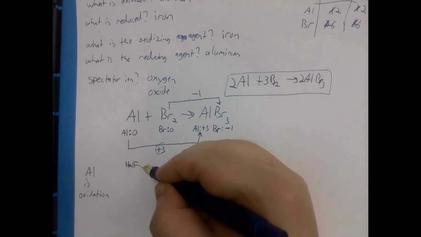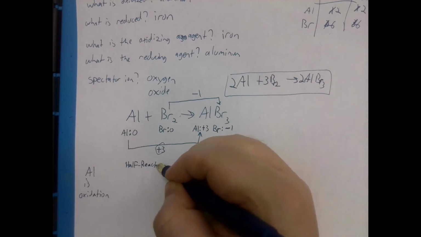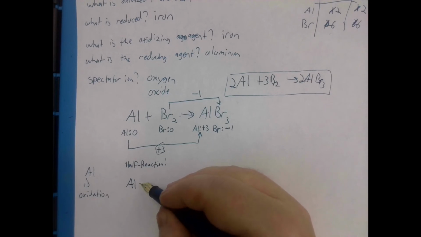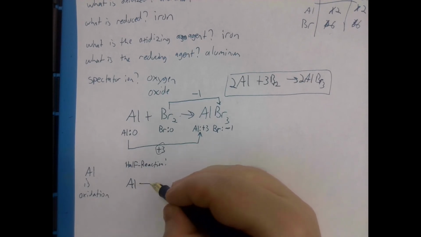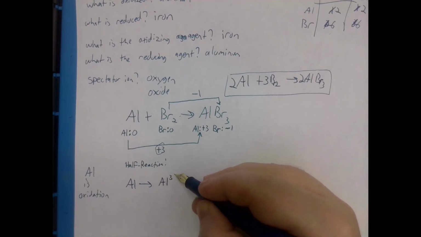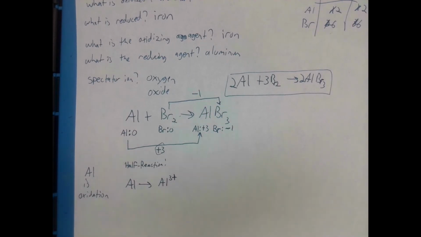So our half reaction will be aluminum going to aluminum 3 plus. How is it doing that? How does it go from no charge to 3 plus? By doing what?